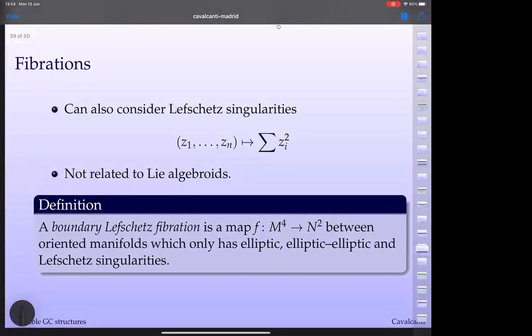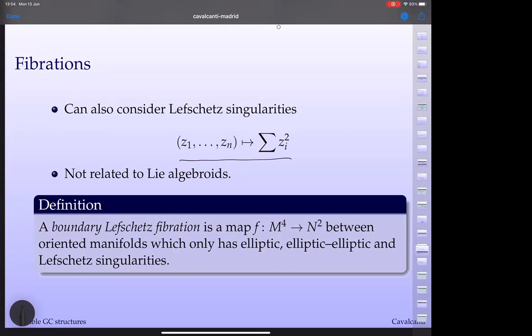On top of that, there is another type of singularity that people often consider, which is Lefschetz singularities, which is when you have complex coordinates. Note that the manifolds here are not complex, but to define a Lefschetz singularity you assume there are complex coordinates which render your singularity of this form. If your manifold didn't come from a complex geometry setting, or if you didn't put the singularity there by hand yourself, it's difficult to prove that something is a Lefschetz singularity.